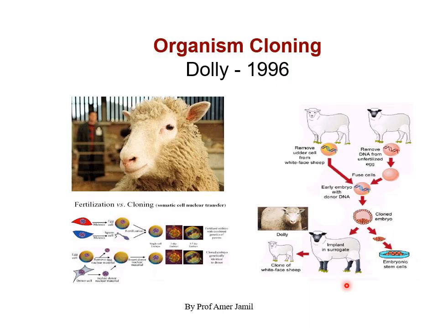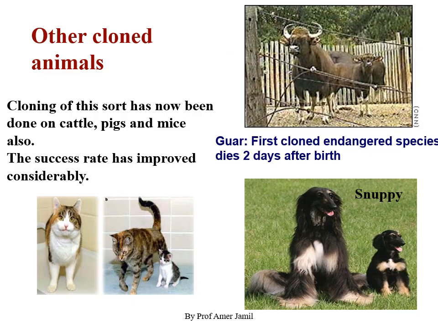So if you take DNA out of yourself, the child that will be made will be your twin brother or twin sister, because it will be made out of your somatic cells. So there are many different examples of cloned animals, and this success rate has been improved considerably.